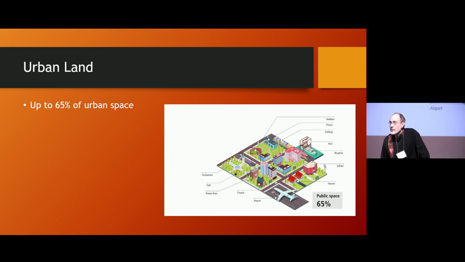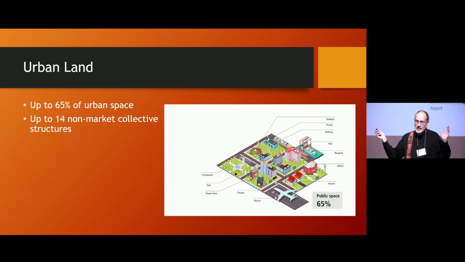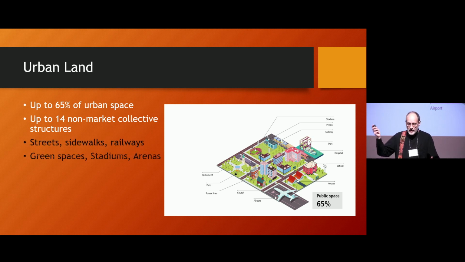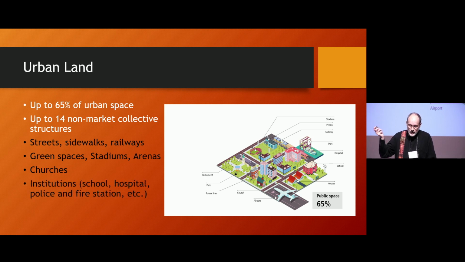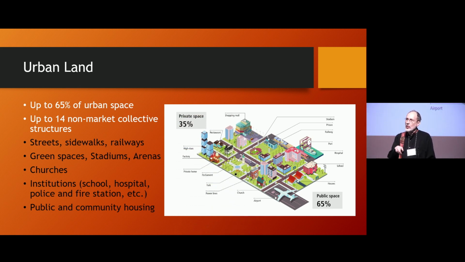And I made a list, there are 14 non-market collective structures that own land in urban areas. Here's the list. Railway, green space, stadium, arena, churches, public institutions, public and community housing. Together, we're 65%. And 35% is private.